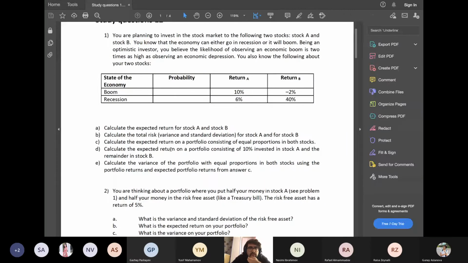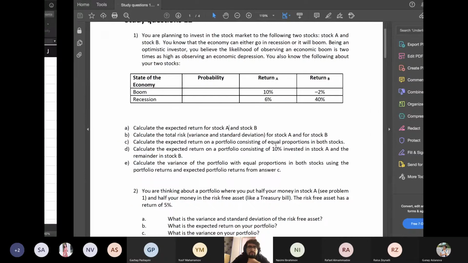So what the question is asking, calculate the expected return on portfolio consisting of equal proportions in both stocks.